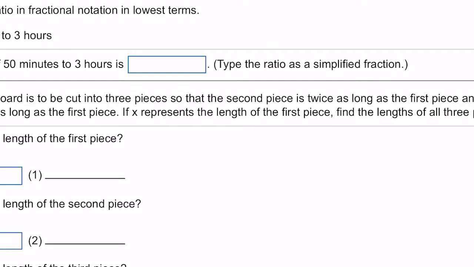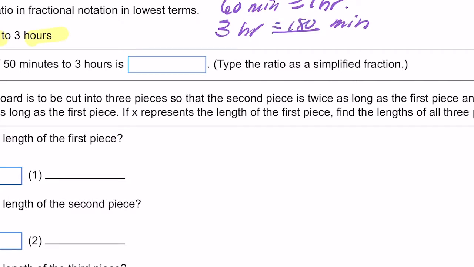For number 36, again, we have a ratio, and we're writing it in lowest terms. So here we have minutes and hours. We want to, again, convert. So remember, there's 60 minutes in 1 hour. So it's easier to convert 3 hours to minutes. We're going from hours, which is larger, to minutes. Anytime you go larger to smaller, you multiply. So 3 times 60 gives me 180 minutes.